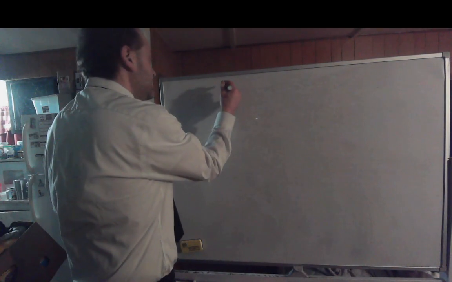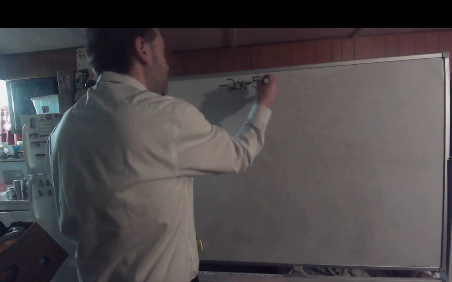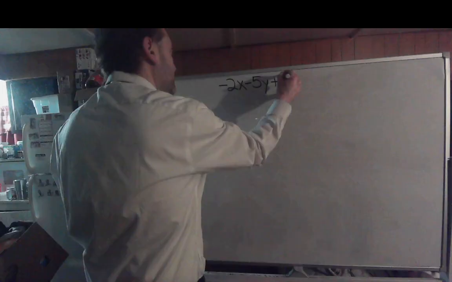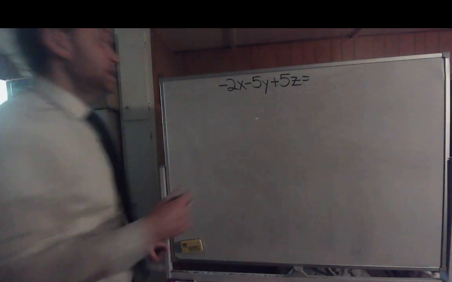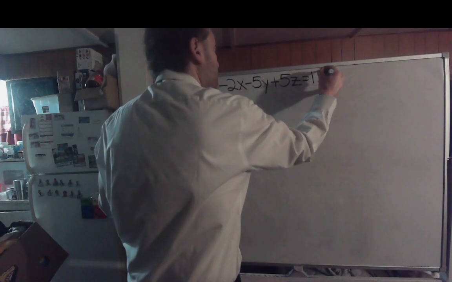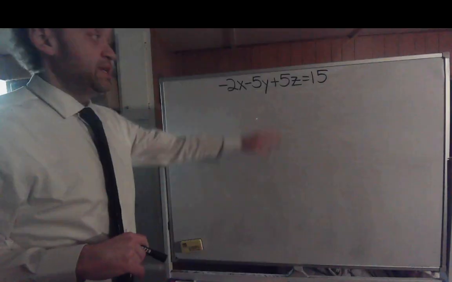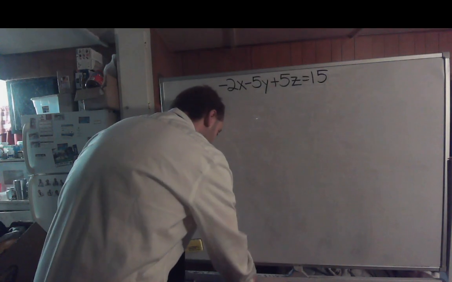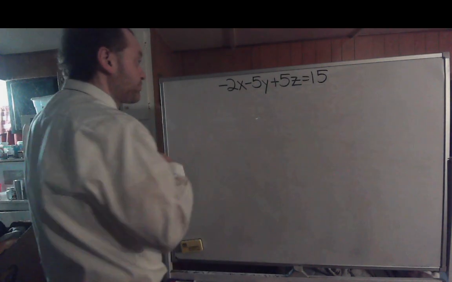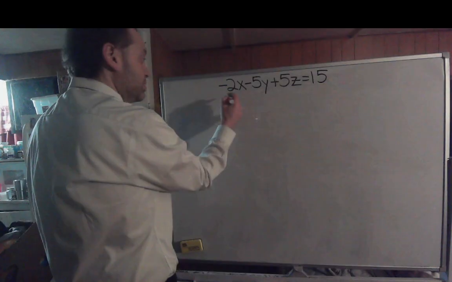Let's say you had negative 2x minus 5y plus 5z is equal to 15. Well, we need to, of course, find the function of x, y, which would be z. Solve for z, make that a function of x, y. So let's do that real quick here. Let's get z by itself, which means you'll add 2x and 5y to both sides.